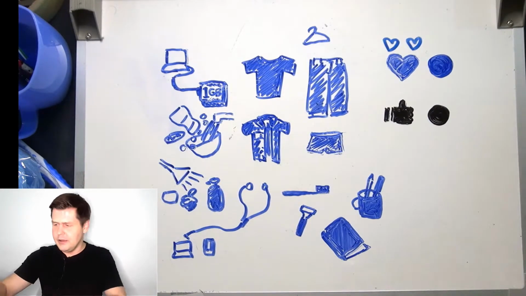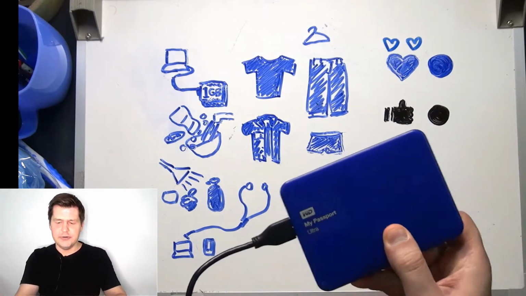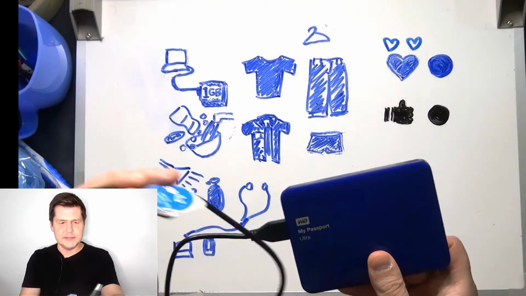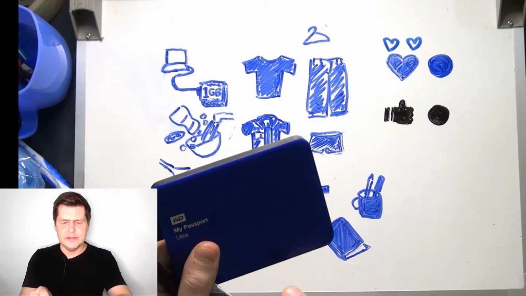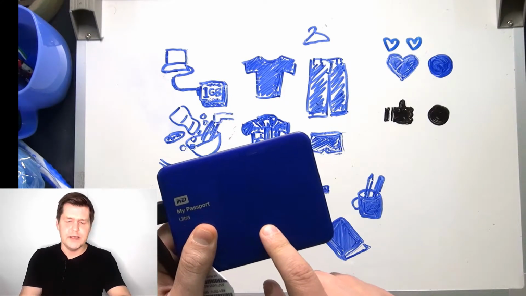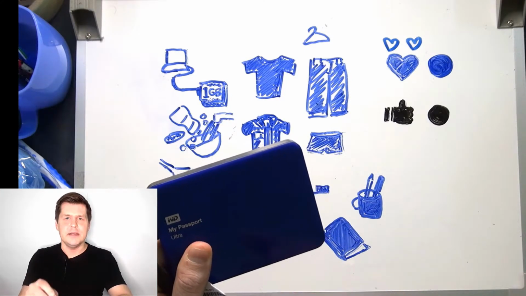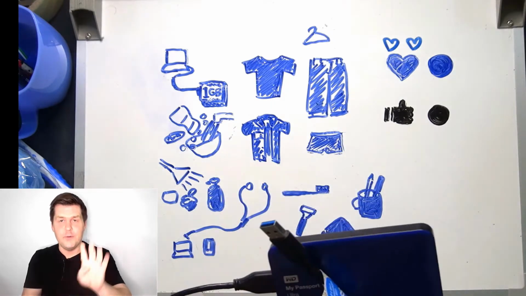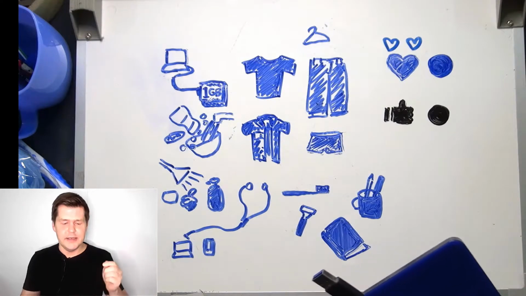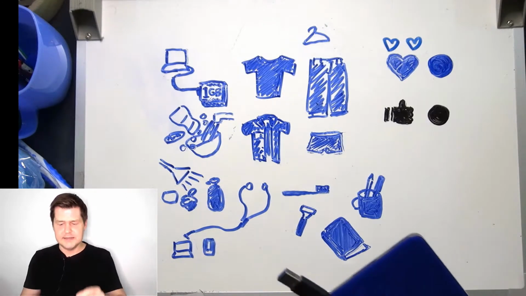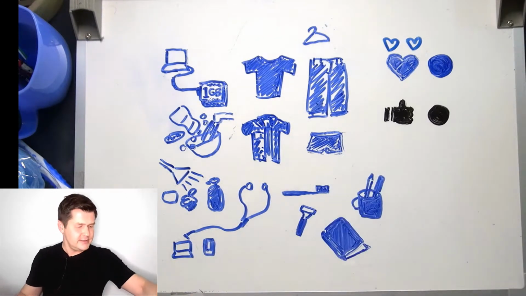So for example, this is a hard drive for my computer. It's an external hard drive. I plug it into my computer, and it holds 1 gigabyte, and when I bought it, it was available in 4 different colors. It was available in white like this. It was available in black like this.